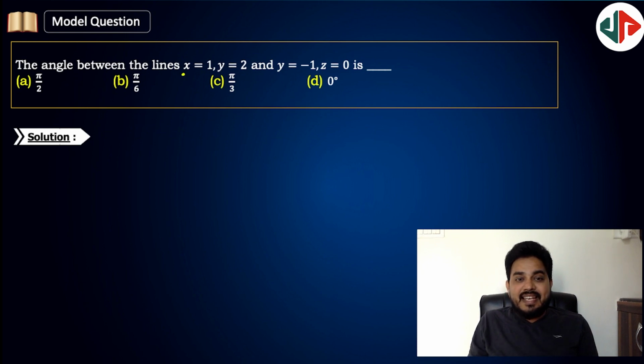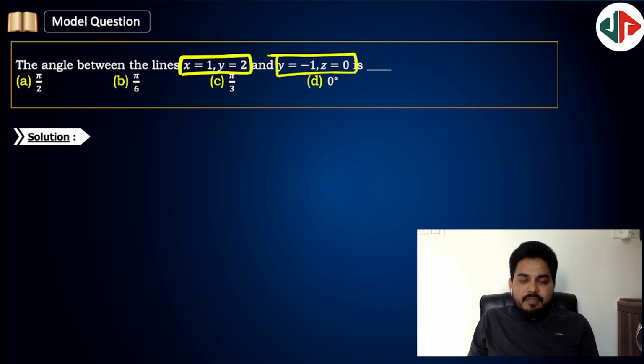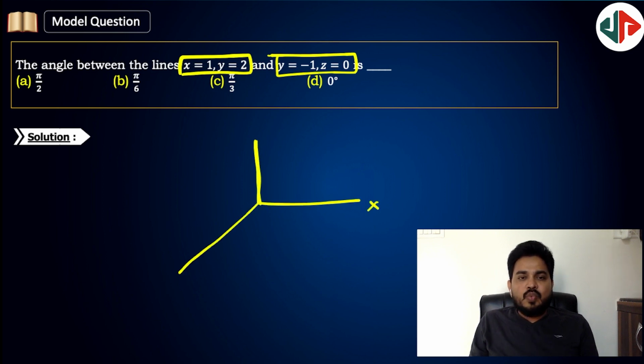Okay, one line is given and another line is given. Look at here. For example, this is the x-axis, y-axis. The x is equal to 1 plane will be like this. And the y is equal to 2 plane.